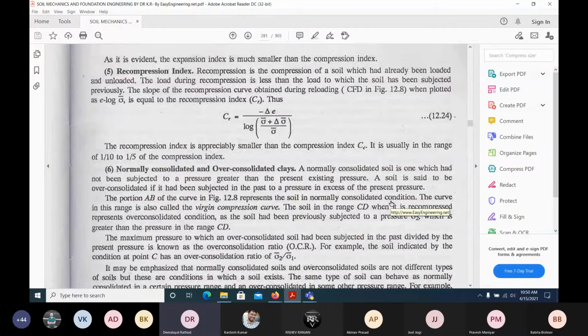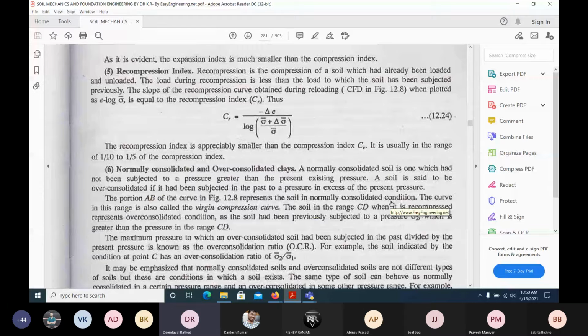Sandy and gravel soils have more permeability, so expulsion of water and settlement take place very quickly, and we will not call it consolidation. The name itself shows it is the expulsion of water due to long-term loading: 1 year, 2 years, 3 years, 4 years, 100 years.